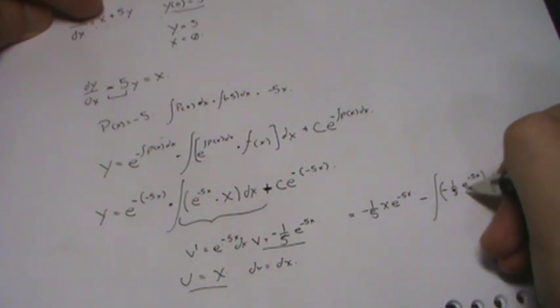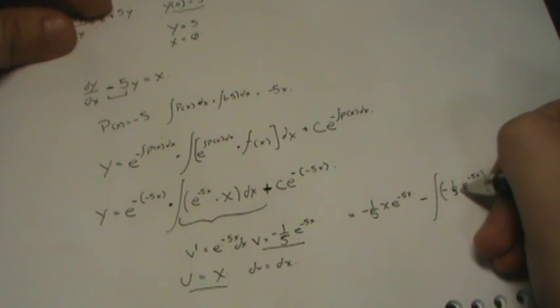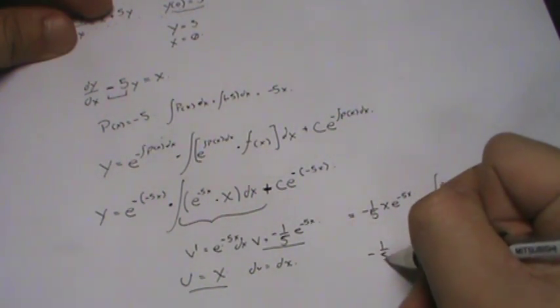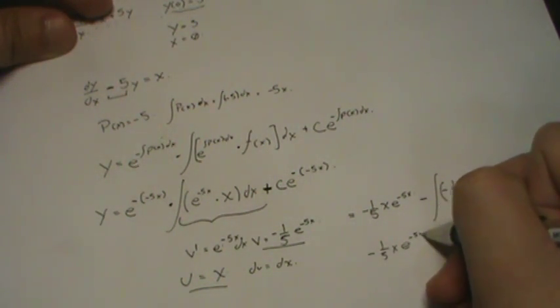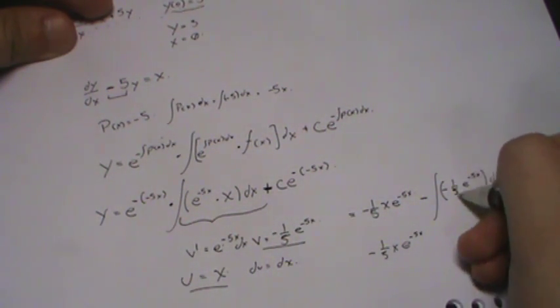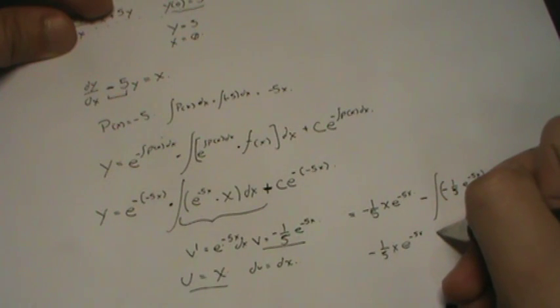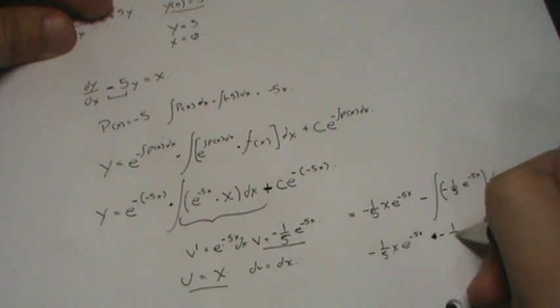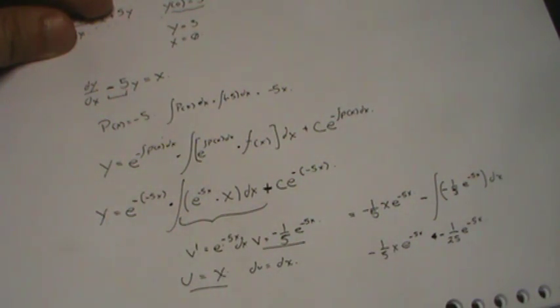So we just have to integrate this one again. So we have minus 1/5 of x e to the minus 5x. This one times this one is a plus, but when we integrate it, we will have a minus 1/25 of e to the minus 5x. Okay?